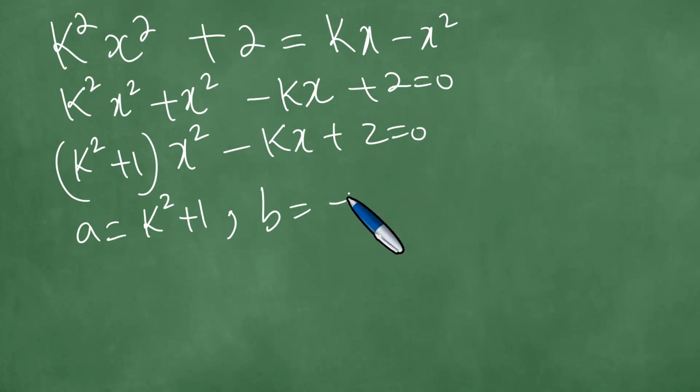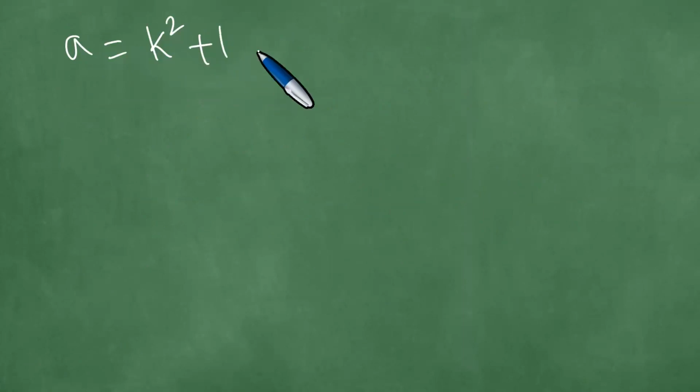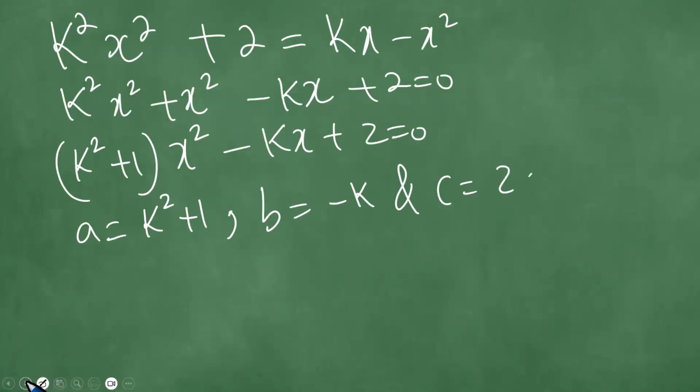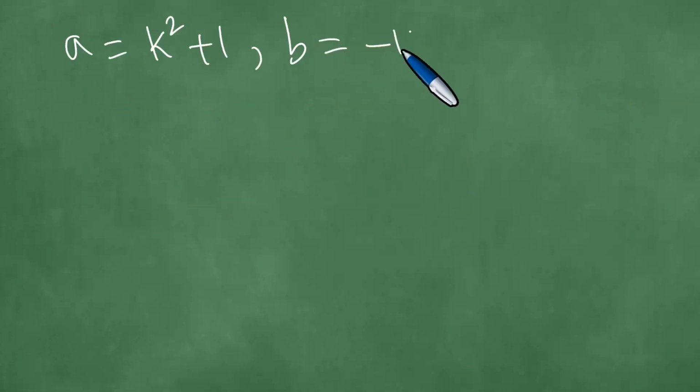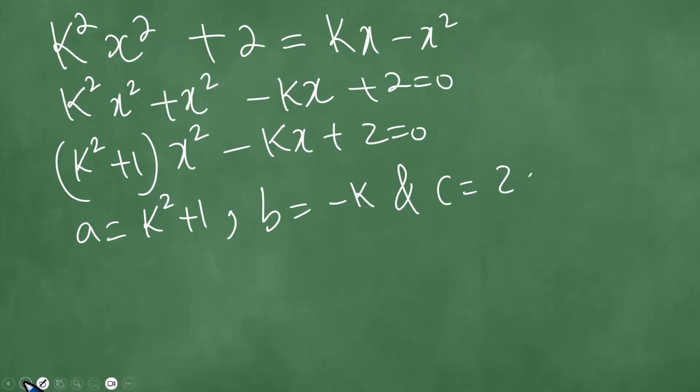So B is minus K, and C is what? A is K squared plus 1, B is minus K, and C is 2.